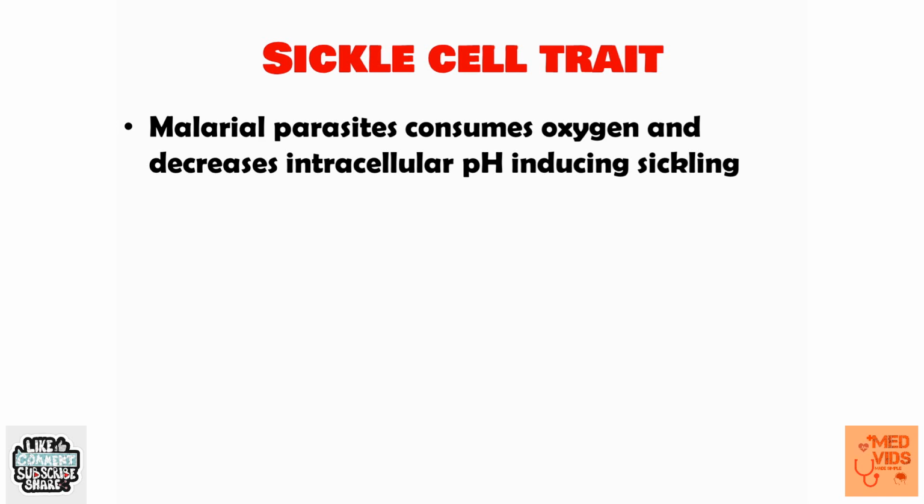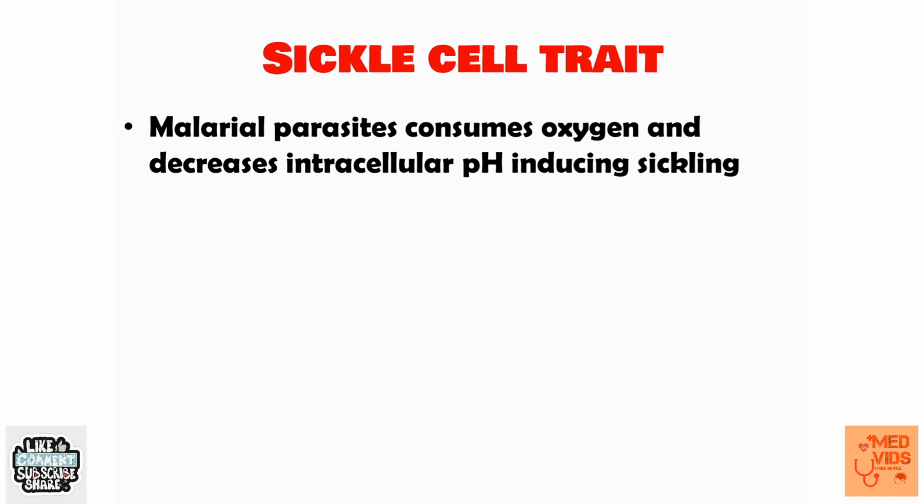But you may be wondering how those RBCs were normal before the malarial parasites invaded them, right? That is because they have hemoglobin A in certain proportions. This hemoglobin A prevents sickling from occurring, and these people are normal until getting infected by malarial parasites.